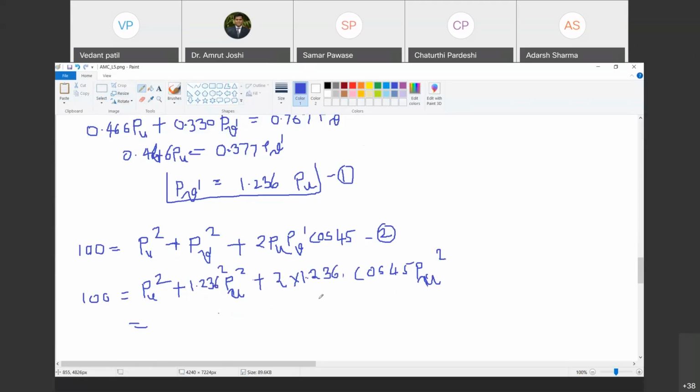How much is it coming? 100 divided by 1 plus 1.236 square plus 2 into 1.236 into cos of 45, and square root of the answer. So are you getting PU equal to 4.836? Tell me.